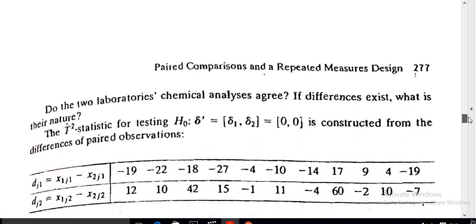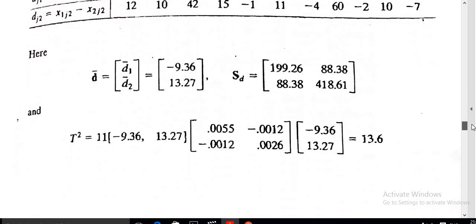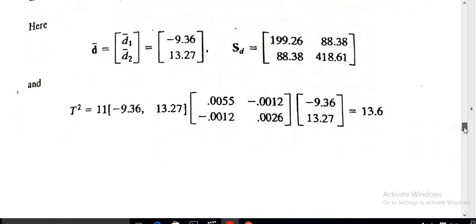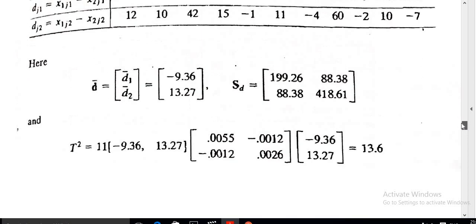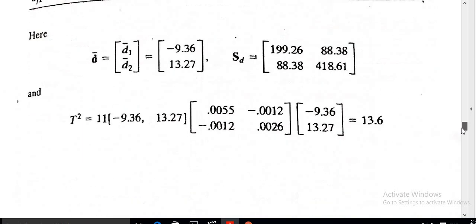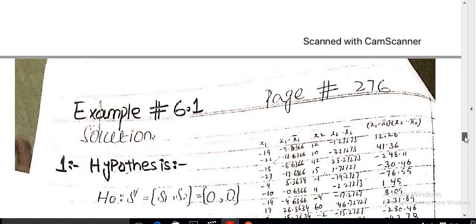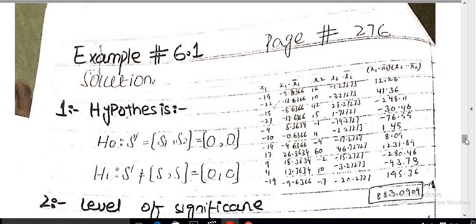The calculations have been given in the multivariate techniques book, and I have also shared with you the self-explained procedure of these examples.